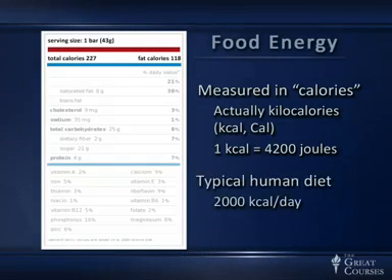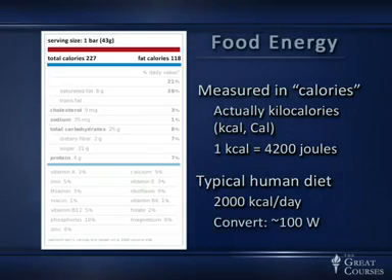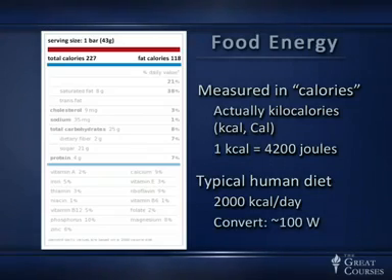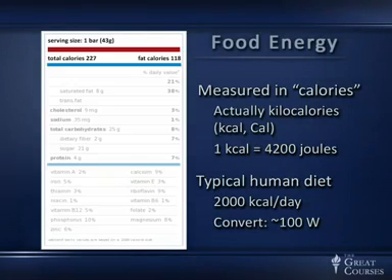A typical human diet is about 2,000 kilocalories per day. And if you work that out, divide 2,000 kilocalories, convert it to joules, divide by the number of seconds in a day, which happens to be 86,400, you will find you get about 100 watts. And that means that your body is consuming in your diet energy at the rate of about 100 watts, and that's where I got that figure of about 100 watts for the body's typical energy output.